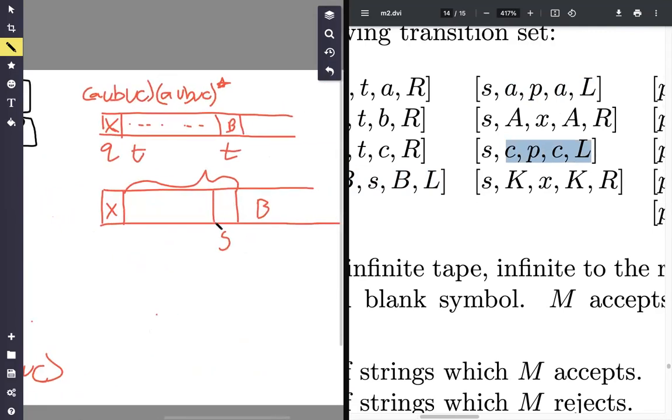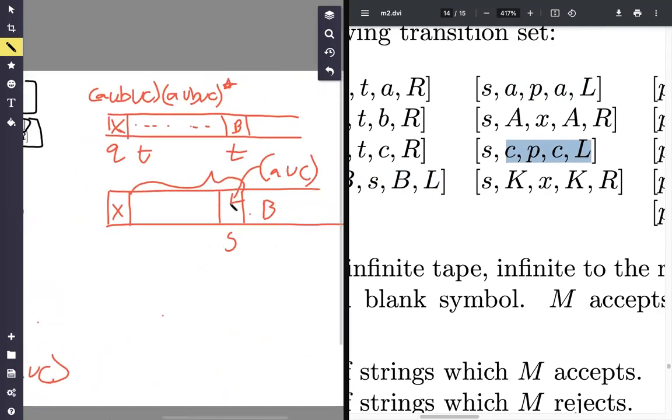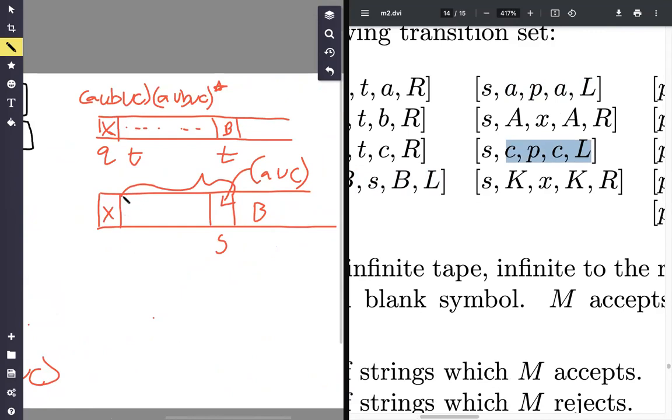Which means I need to either see an A or a C. Either one of those is going to get me to P, so now I'm over here. So that means this part here is still just my A or B or C star.